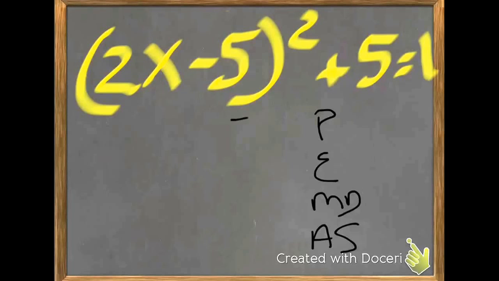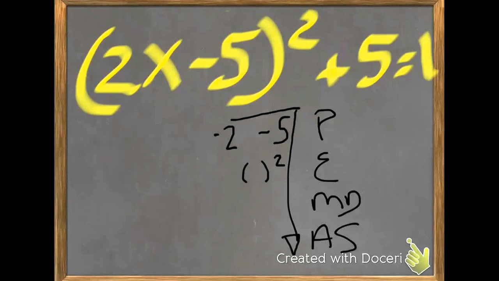So, just to show you how it's done, inside our parentheses, multiplication happens first, and then the subtraction. So, x was times by 2 inside the parentheses, then 5 was subtracted, then the whole thing was squared, and then 5 was added.